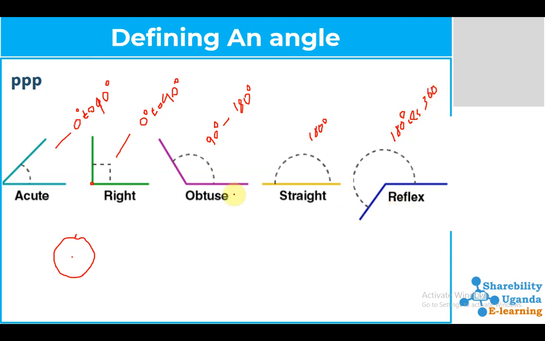So based on the type of these angles, it gives us a way of solving the unknowns. For example, if an angle has the characteristics of a straight angle, that means when you are finding the unknown of that angle, we shall equate it to 180.